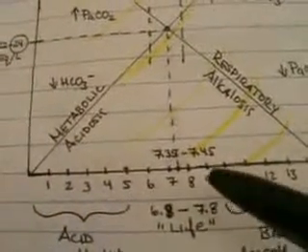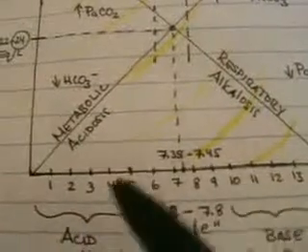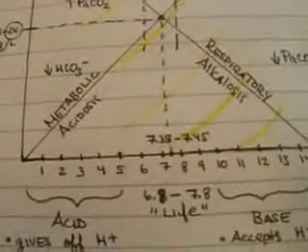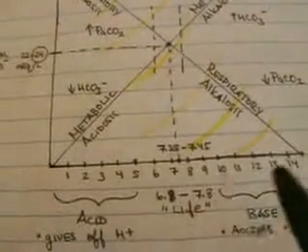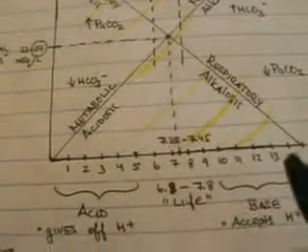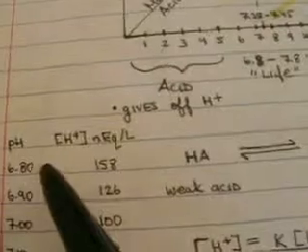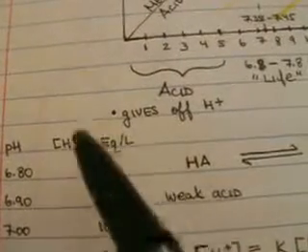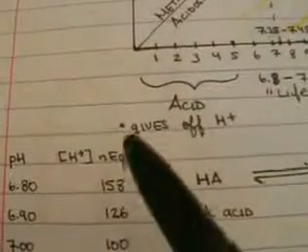Life happens to be compatible between a pH of 6.8 and 7.8, and these are considered extreme measures of pH. And we can look at pH as being a concentration of hydrogen ions within the solution. And we can see here that at a pH of roughly 6.8, the hydrogen ion concentration is approximately 158 nanoequivalents per liter.